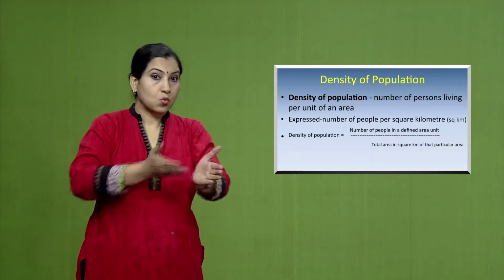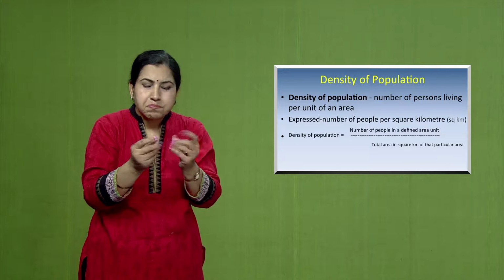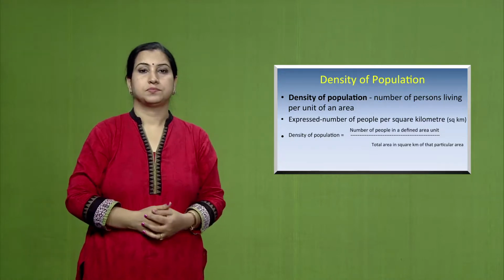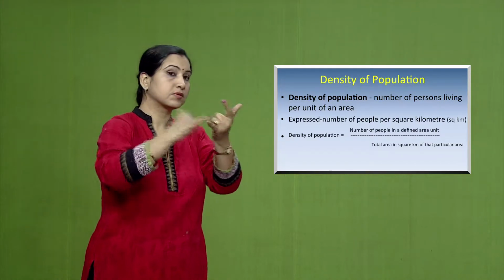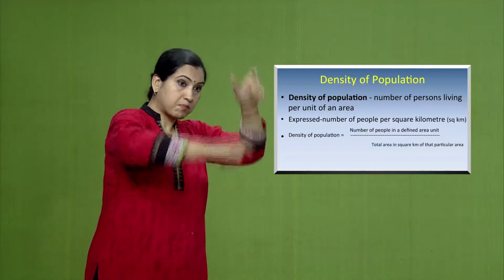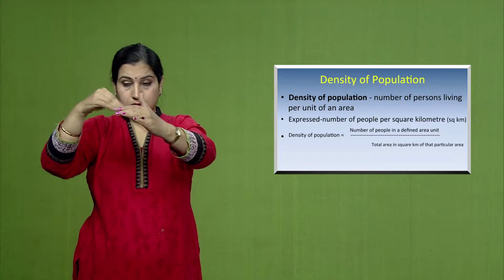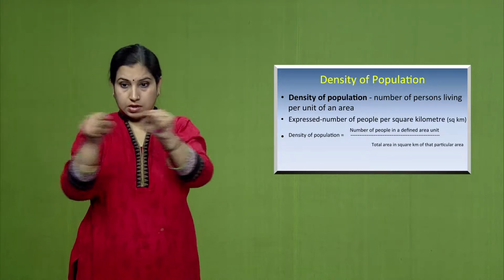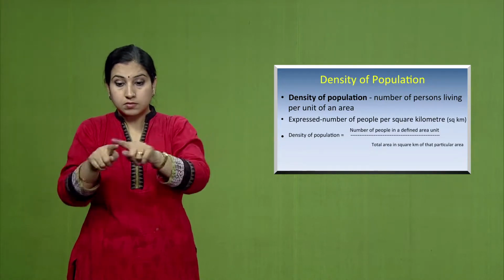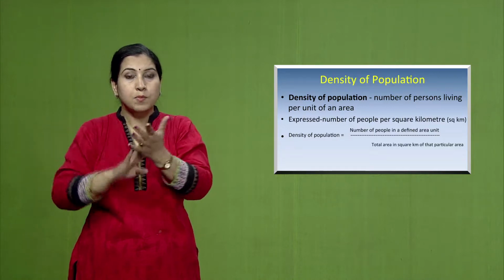The formula for its calculation is: density of population is equal to number of people in defined area unit divided by total area in square kilometer of that particular area.